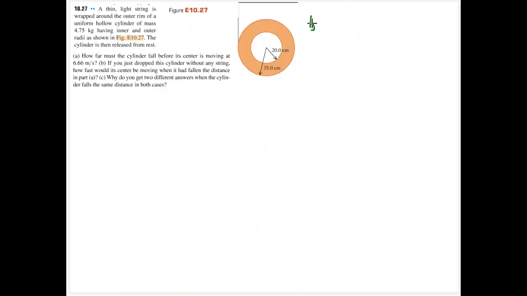So for part B, we're asked if we dropped that cylinder that distance, 3.76 meters that we found in the previous part, straight up without any string, how fast would it be going? Recalling our energy equation from the previous part, we're going to have now U2 plus K2. However, now there is no string, so we're only going to have K_cm being K2.